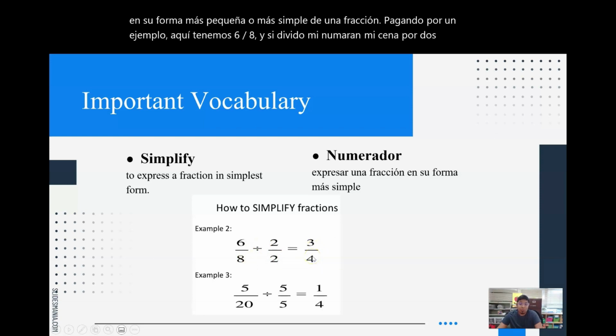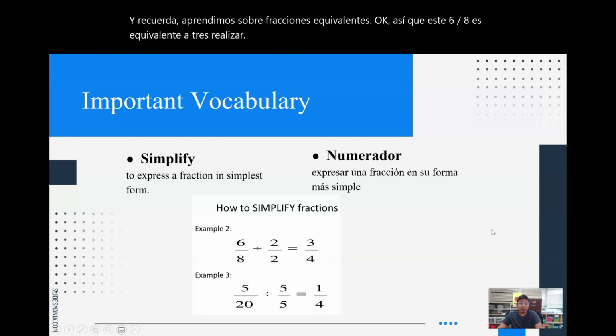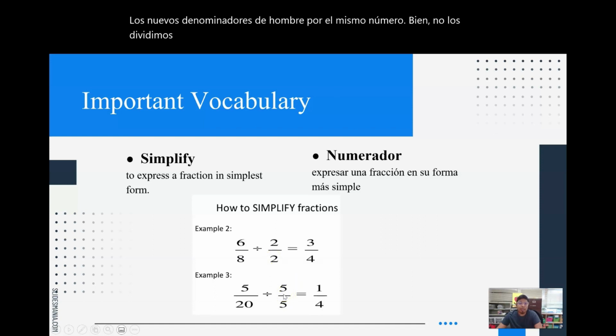And remember, we learned about equivalent fractions, okay? So 6 over 8 is equivalent to 3 over 4, okay? That's what it means to simplify, to make it into its smallest fraction possible. And that means dividing the numerator and the denominator by the same number, okay? We don't divide them by different numbers. Later on, we'll show you what that looks like, okay?